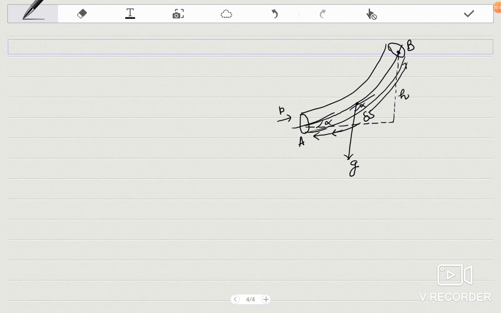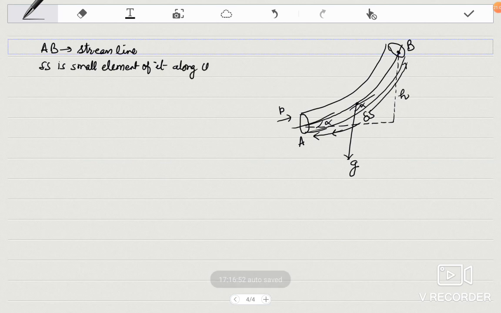Now AB is a streamline. And δS is a small element of it along the axis. Now consider a cross-sectional area.